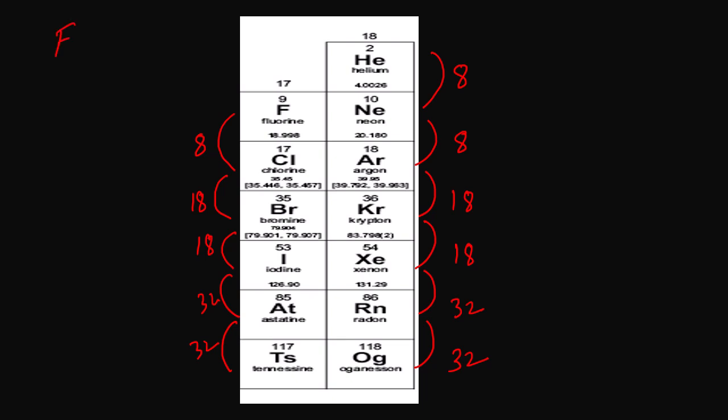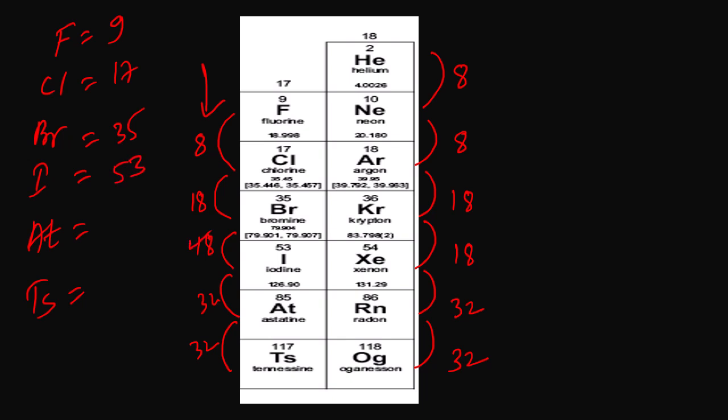The atomic number of fluorine is 9, right? Now you can easily find the atomic numbers of the remaining elements, fluorine, chlorine, bromine, iodine, astatine, and tennessine, by using this pattern: 8, 18, 18, 32, 32. So go on adding. 9 plus 8, 17, and 17 plus 18, 35. 35 plus again 18, that is 53.